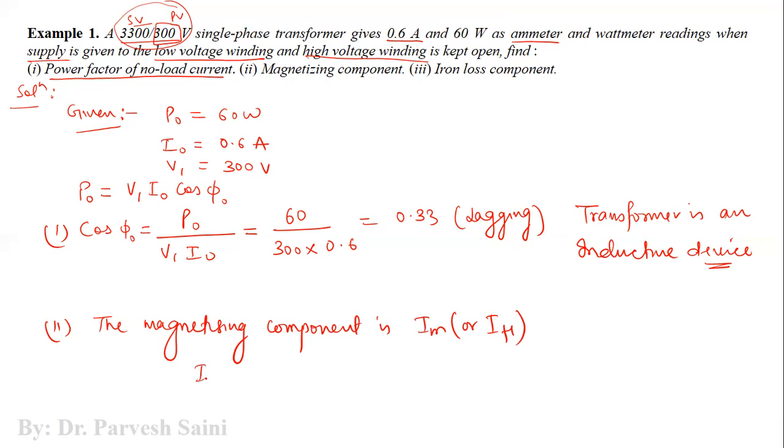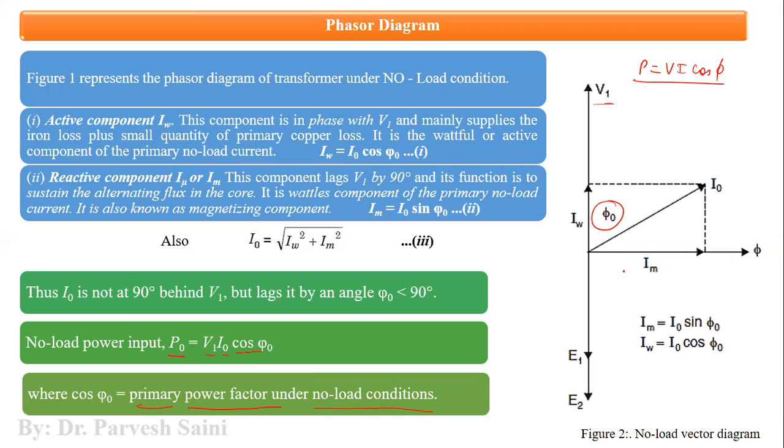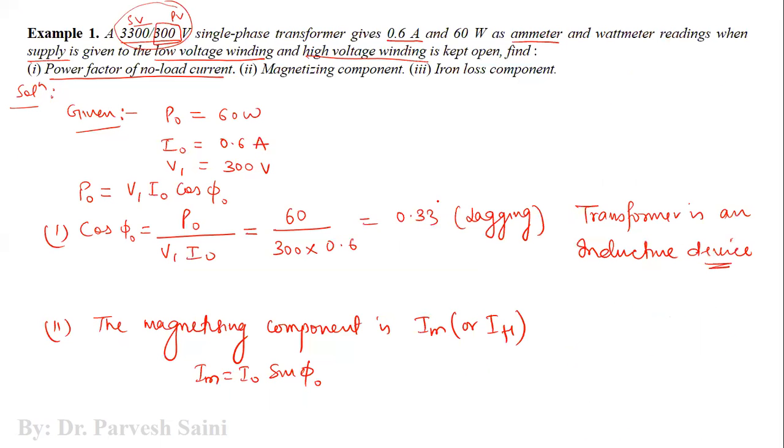So Im is basically given by I naught sine phi naught, as you can take from this equation. Okay, it is written here also. So Im is equal to I naught sine phi naught. From the trigonometric rule, we know that sine theta is equal to under root 1 minus cos square theta. So Im can be written as I naught under root 1 minus cos square phi naught.